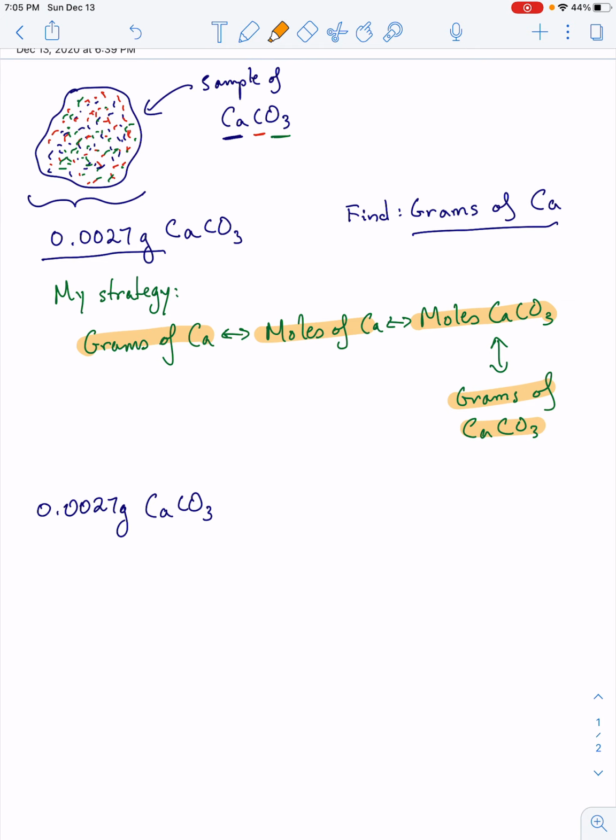And this is actually tapping into something that we did in Unit 1, so this should be a refresher. The way I do this is, if you start with 0.027 grams of calcium carbonate, 1 mole of CaCO3 is about 100 grams. I'm cheating a little bit.